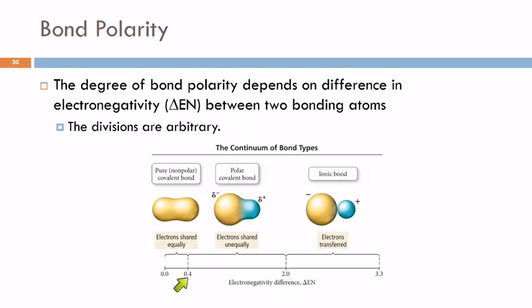So we've made some arbitrary divisions. If the electronegativity difference is 0.4 or less, then it's considered a nonpolar bond, shared equally. If it's between 0.4 and 2, then we say it's a polar bond. And above a difference of 2.0, we say it's an ionic bond, that essentially that electron is transferred.